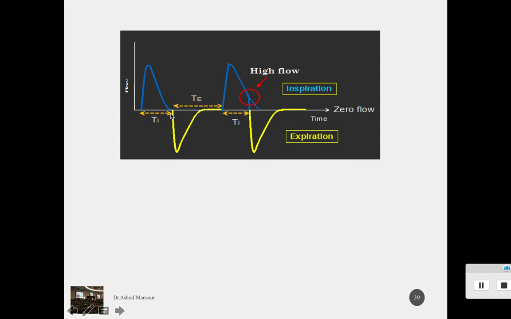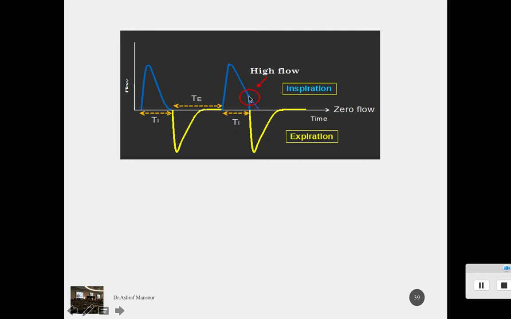There is a small area here between the inspiration and the expiration, like a plateau. But if you see the next one, inspiratory flow going back, and before reaching zero, it cuts here and goes to expiration. So here the ventilator starts to allow expiration before the flow goes to zero.